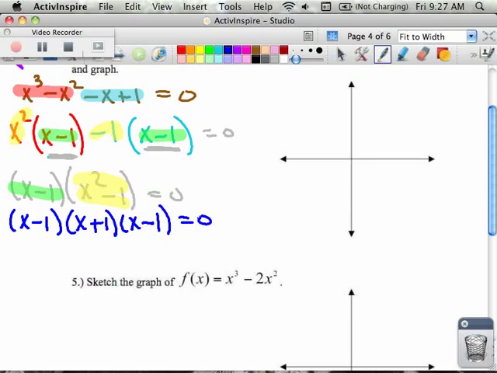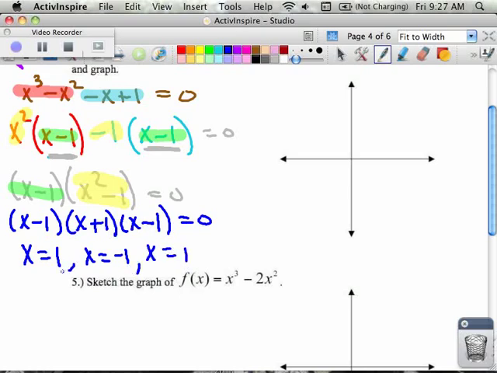And if I solve this, because of the zero product property, any one of these parentheses could be 0 and produce the 0 on the right-hand side. So I ask myself, what makes these parentheses 0? In the first one, it's x equals 1. In the second one, it's x equals negative 1. And in the third one, it's x equals 1 again.